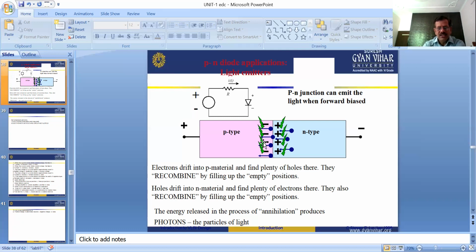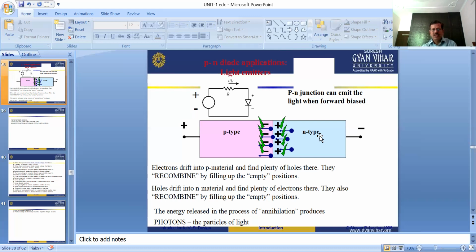The P-type side, where the majority charge carriers are holes, is connected to the positive terminal, so there is repulsion from it. All positive charges are attracted toward the negative terminal of the battery on the P side. On the N side, the majority electron charge carriers are attracted to the positive terminal of the battery. So there is attraction.